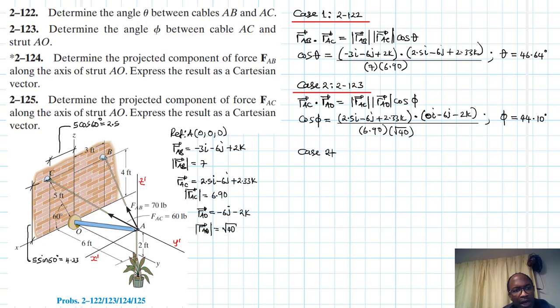This is case 3. Here we have been asked to find the projected component of FAB along the strut AO.